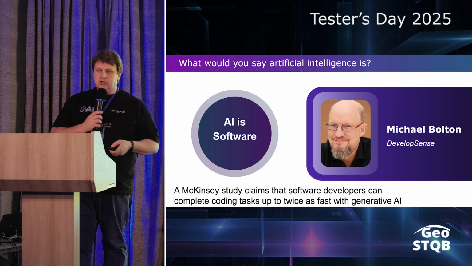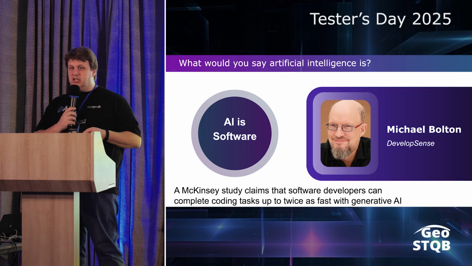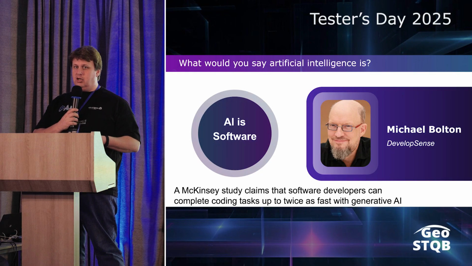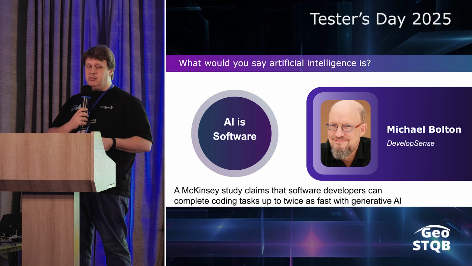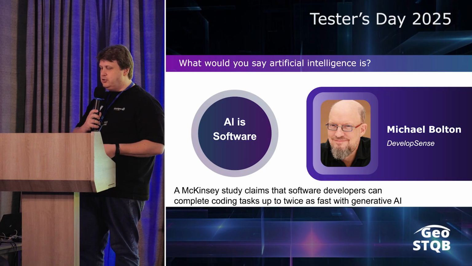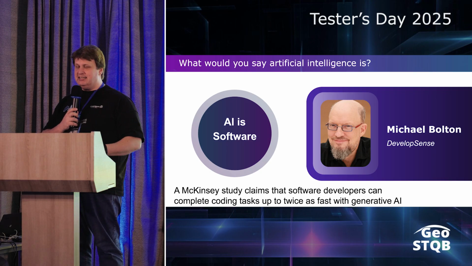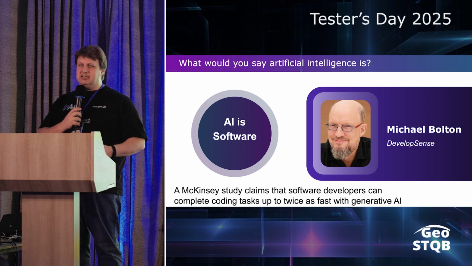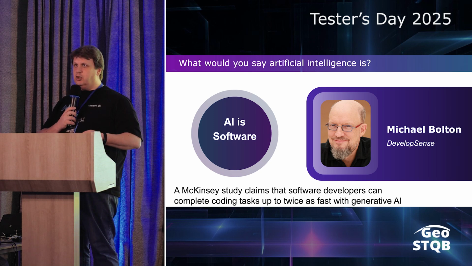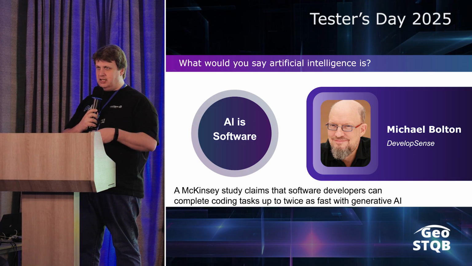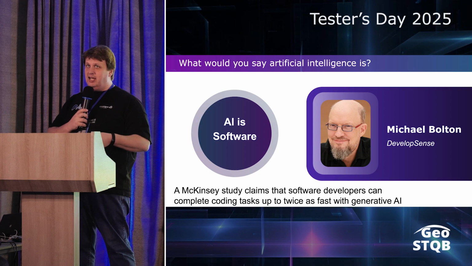Most of you will either write something about AI or read something about AI in the very near future. Here's a simple rule to check that the text makes sense. If you take a text that contains the word AI and replace AI with software, you can see if the sentence still makes sense.